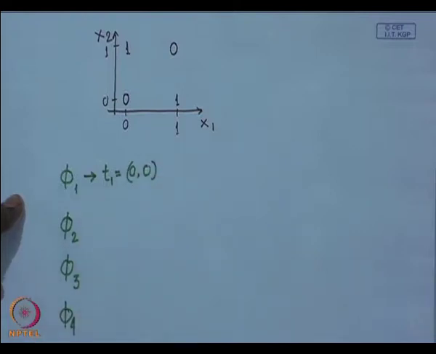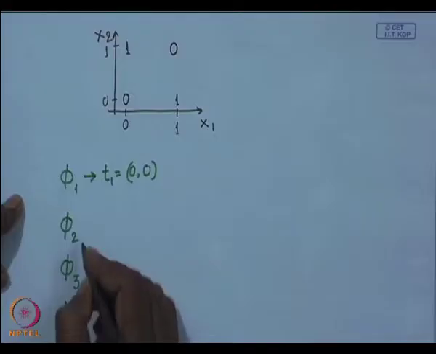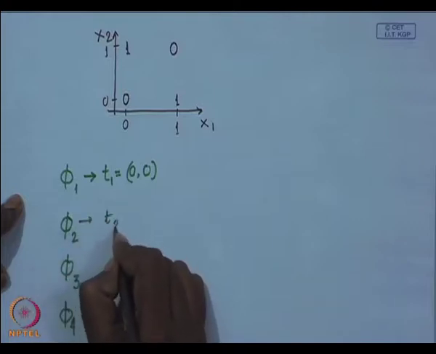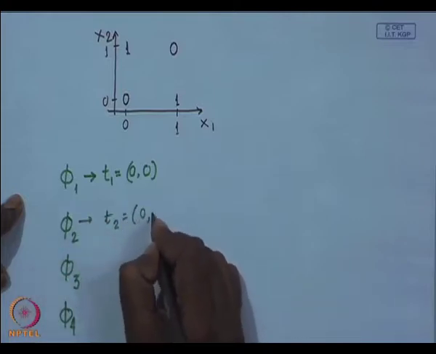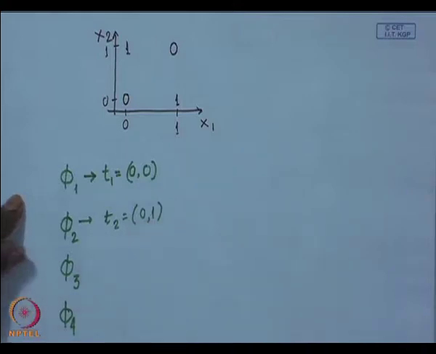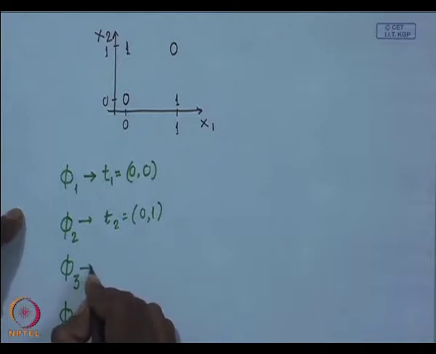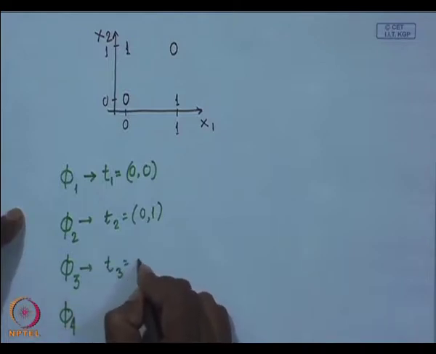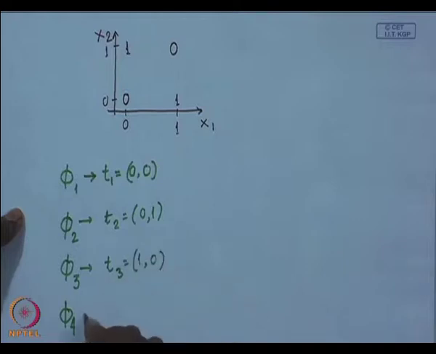That is the receptor of the radial basis function phi 1. Similarly, for phi 2, I can choose T 2 as 0 1. Similarly, I can choose T 3 equal to 1 0, and T 4 equal to 1 1. So, these are the 4 receptors for the 4 radial basis functions.